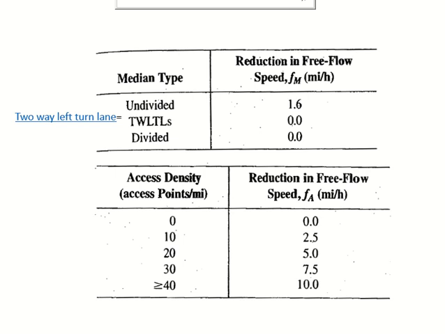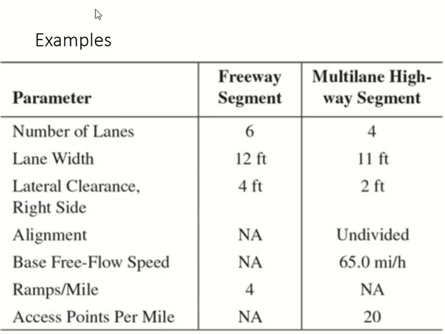Some of these are applied to only free flow speed, some to both capacity and free flow speed. Last time we were looking at the equations. If you cannot find the free flow speed of these highways, you can calculate it. So we looked at the equations for calculating free flow speed for multi-lane highways and freeways.